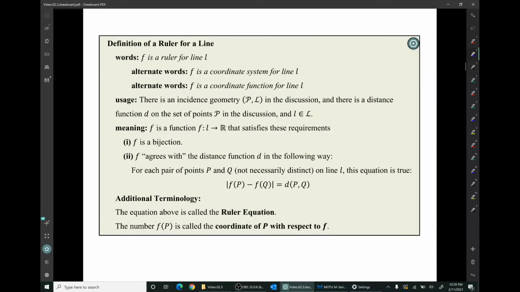A ruler for a line is a function with domain the line, that is the set of points that's the line, and the range is the set of real numbers, and it has to have these properties. The function has to be a bijection, that is, it's got to be surjective and injective, and the function f has to agree with the distance function in the sense that it obeys this ruler equation.